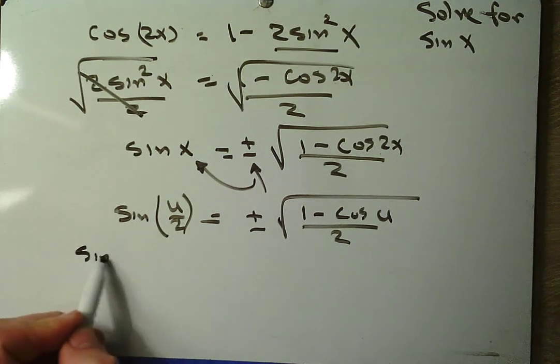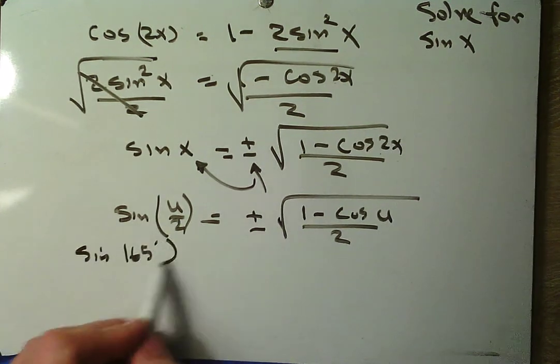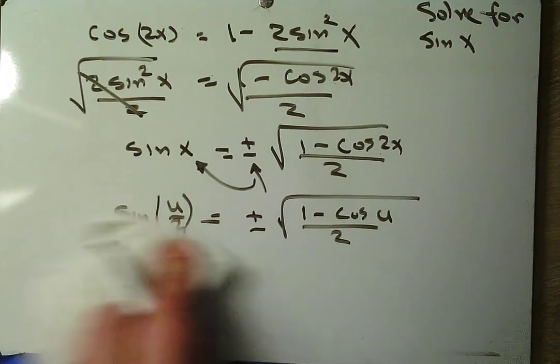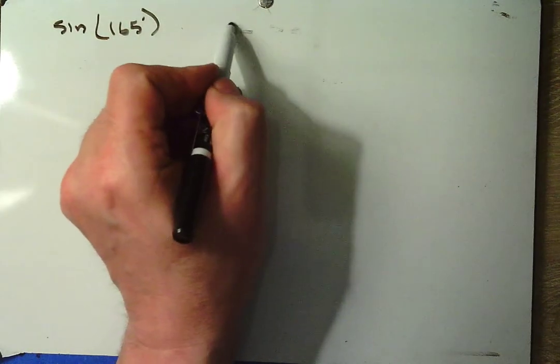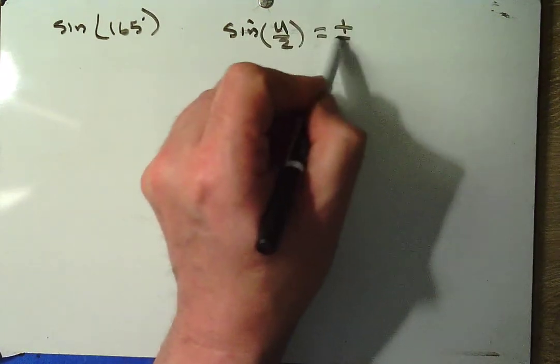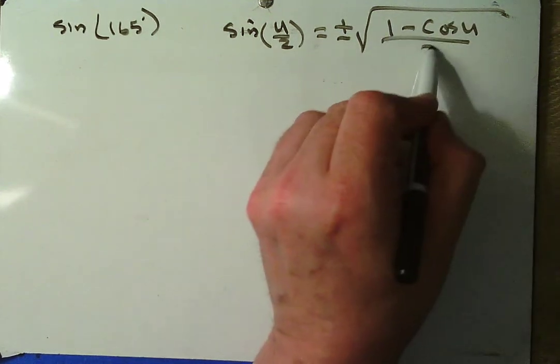sine of 165 degrees. All right. Well, we could probably do that with sum and difference formulas, but let's try with our half angle formula. I want the sine of 165 and our formula, sine half angle equals plus and minus square root of 1 minus cosine u over 2.